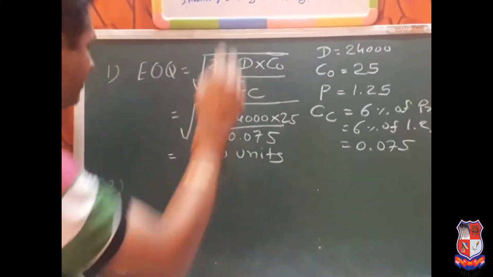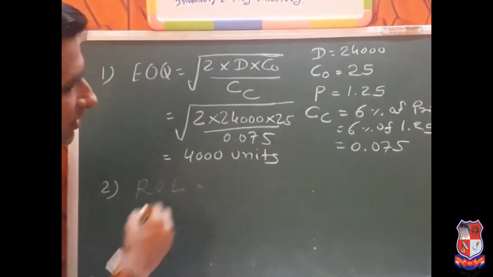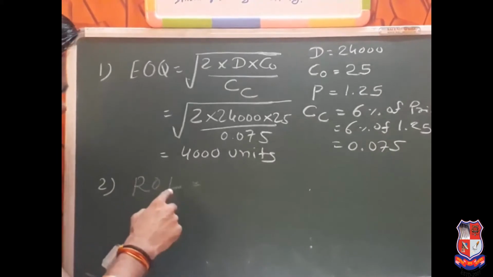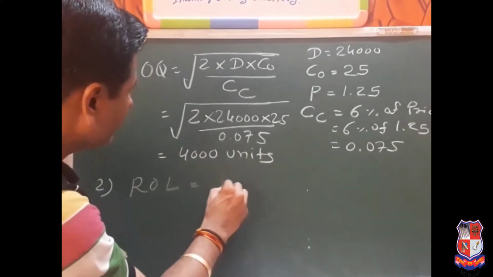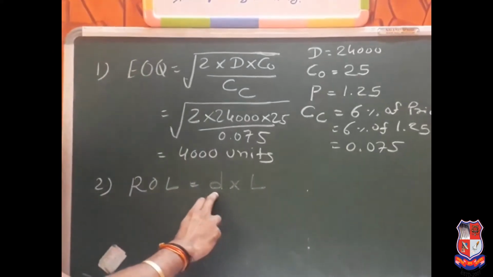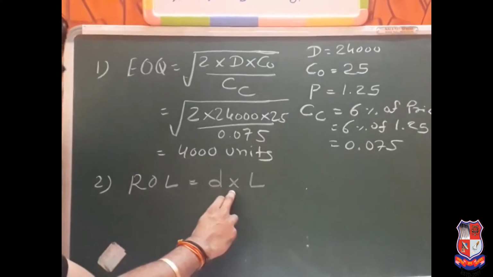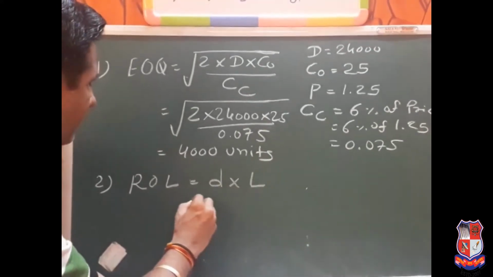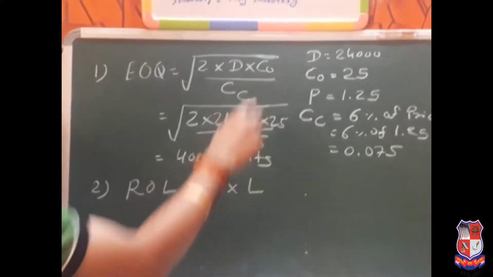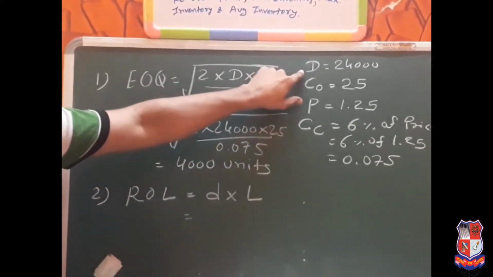You have to find out the reorder level, the ROL. The equation of the ROL is equal to small d into L. Small d is your daily demand, multiplied by the lead time. Here the demand given is not the daily demand, this is the annual demand.